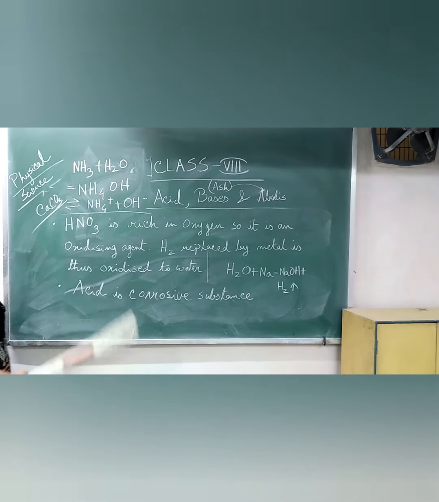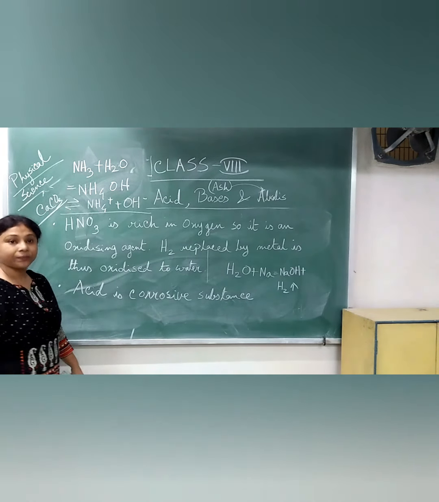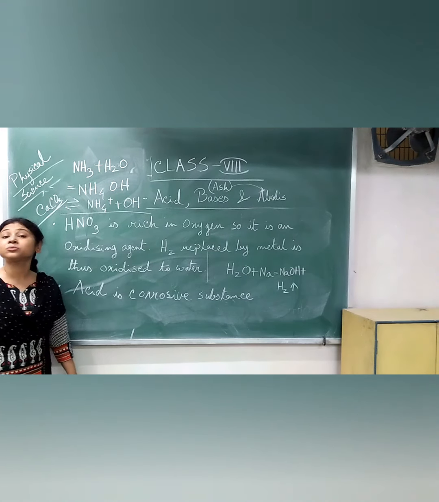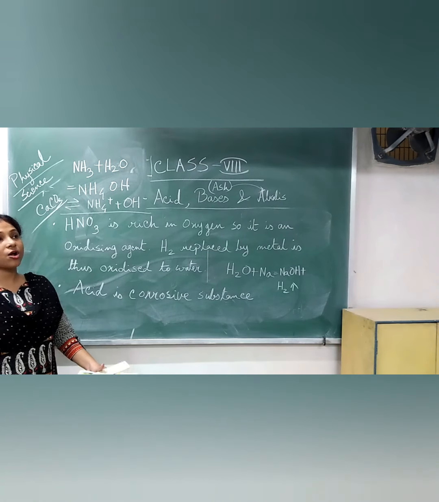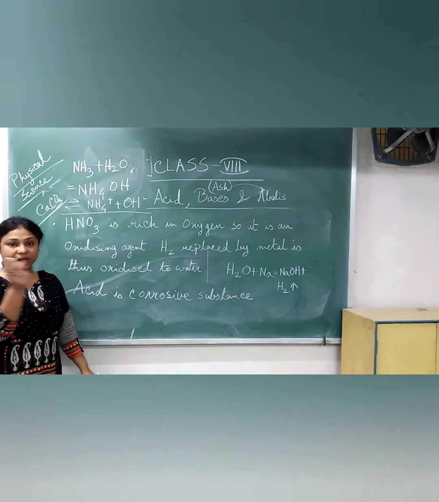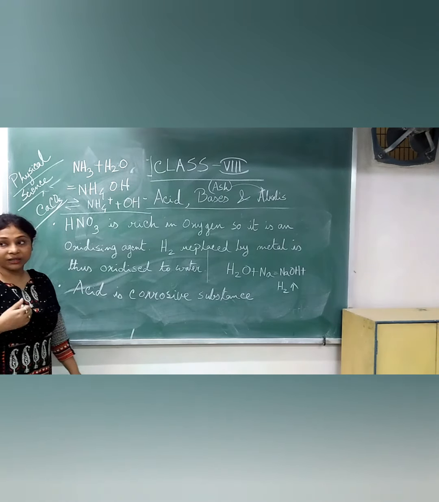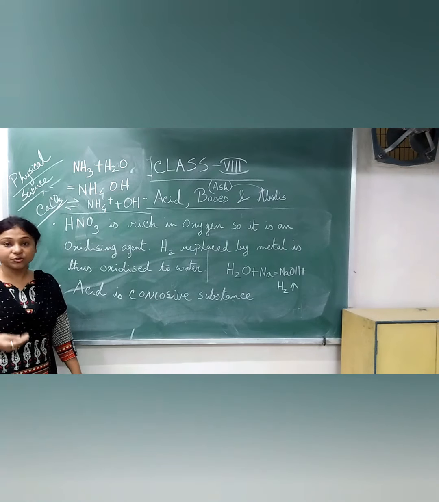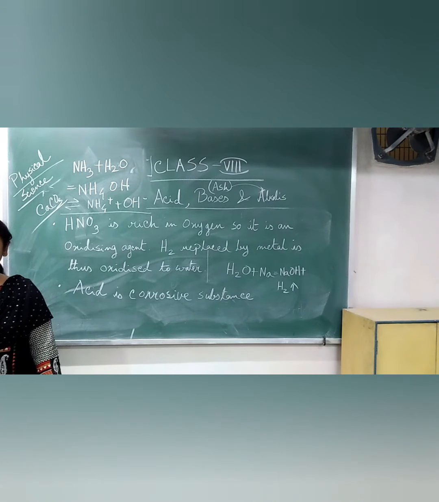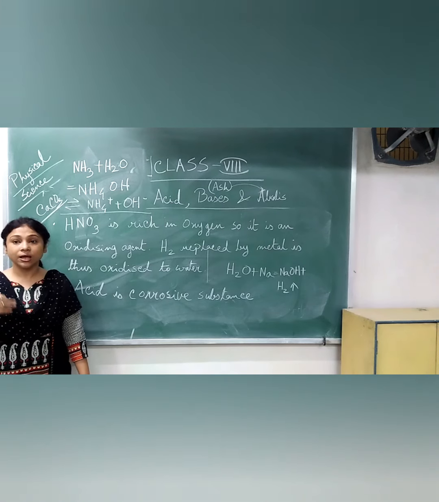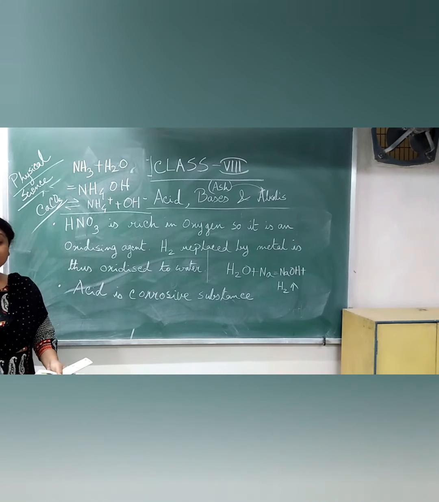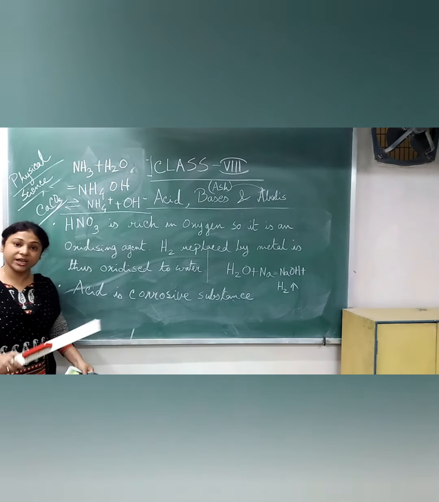This acid H2CO3 reacts with calcium carbonate and forms salt. That salt is precipitated on that particular marble. So that's why this marble stone, the Taj Mahal, is becoming yellowish in color.